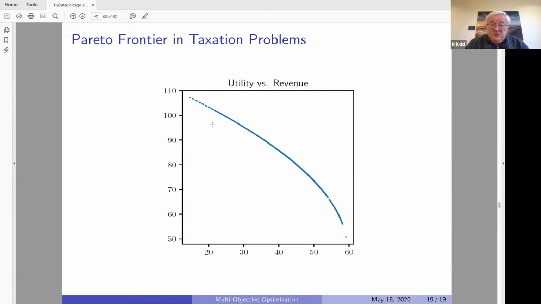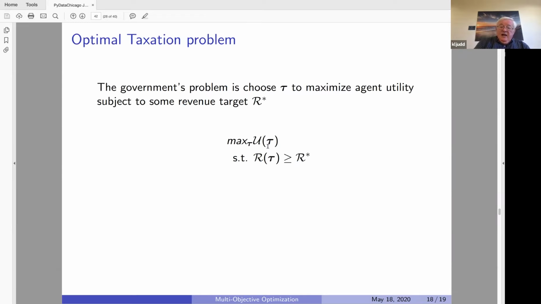There are all sorts of stupid things you can do that give low utility and low revenue. But what you're looking for is a frontier where you have the maximum revenue given a particular level of utility. That's what we want to do. One thing you can do is write down a constrained optimization problem. The problem is these are ugly, nasty constrained optimization problems, non-convex, really bad.